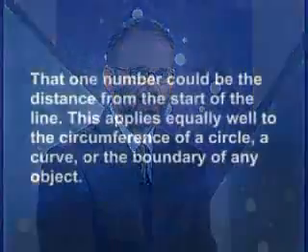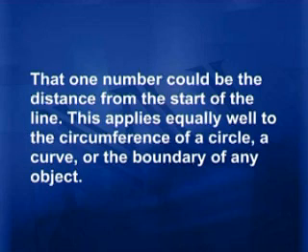And that's enough to describe that point on the line, even if that line happens to be a curve. We know how the curve is formed. We know the starting point. The 2 endpoints are known. From the starting point, at what distance that point lies, we specify that, and that would be one value giving us the required information. That one number could be the distance from the start of the line, as we said.